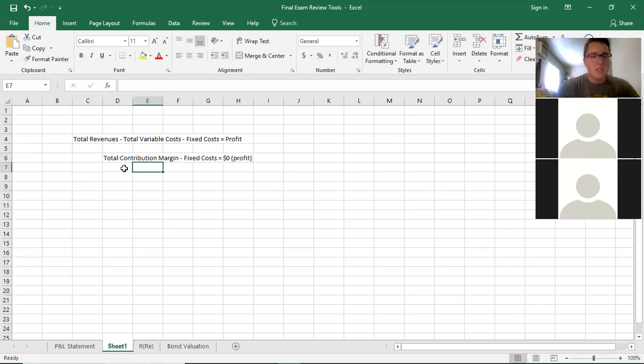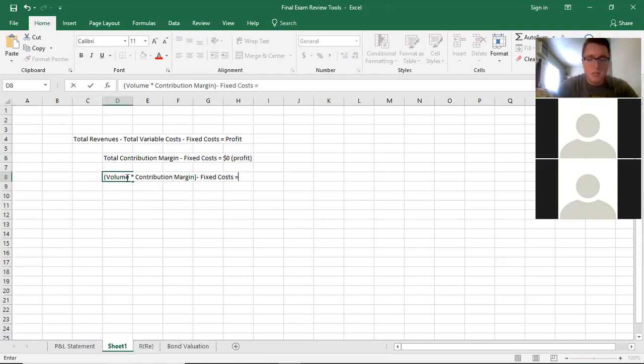So contribution margin, we know, is just the total volume times the per unit contribution margin, excuse me, which we should be able to calculate, minus fixed costs.